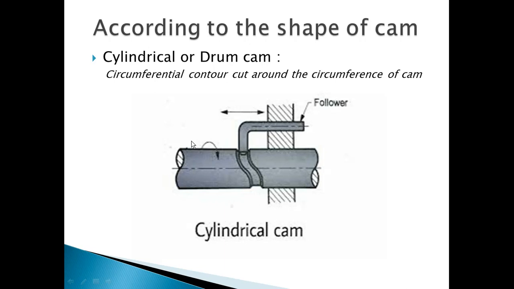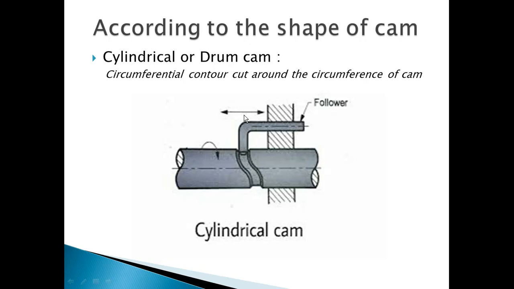Now as the cylindrical cam is rotating, there is a cylindrical cut provided around the shape of the cylinder, so that as this cylinder is moving, the follower will move along this shape, and because of this contour shape, the follower will move in a linear direction along the x-axis. In this way, the rotational motion is transferred to linear motion, or reciprocating motion, along the x-axis.